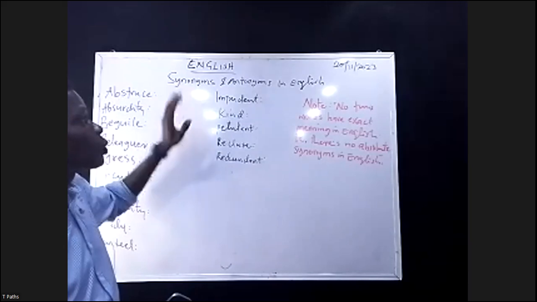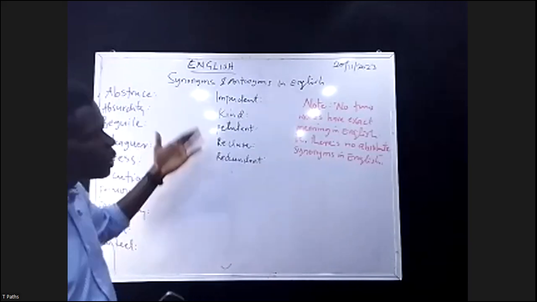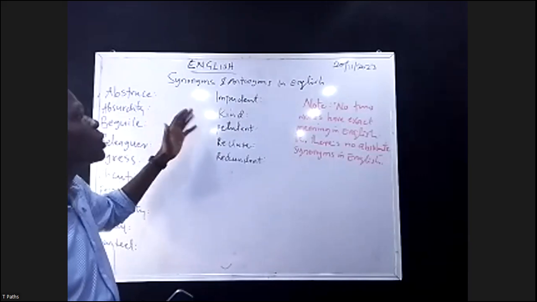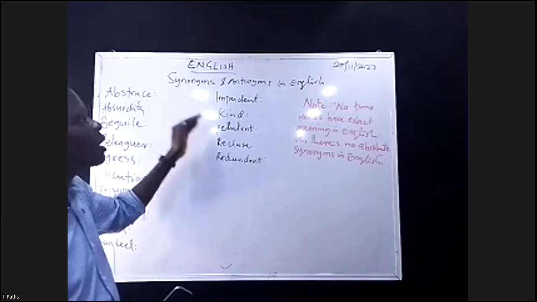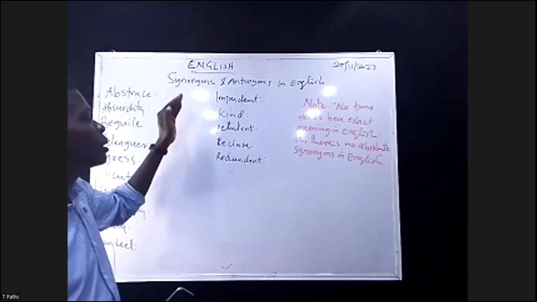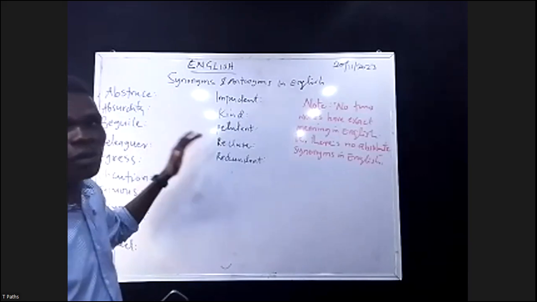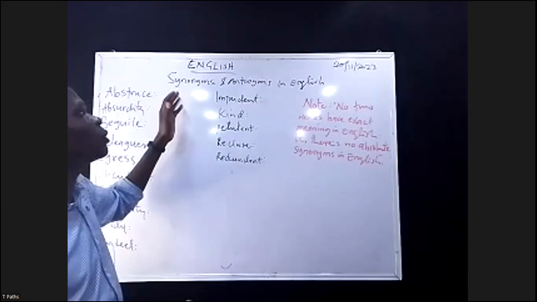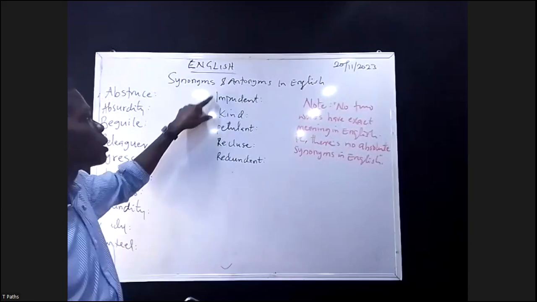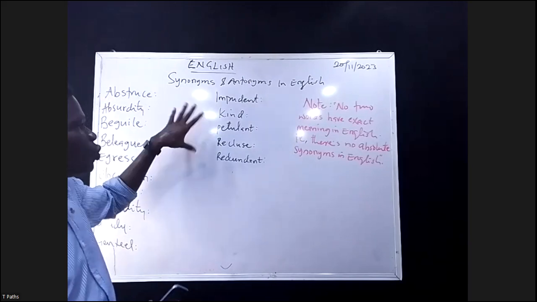Synonyms and antonyms is a recurring part of the questions that are asked every year since 1978 when JAMB started setting questions in English. So this topic often comes out, right?